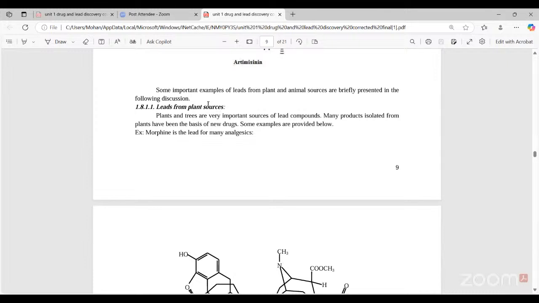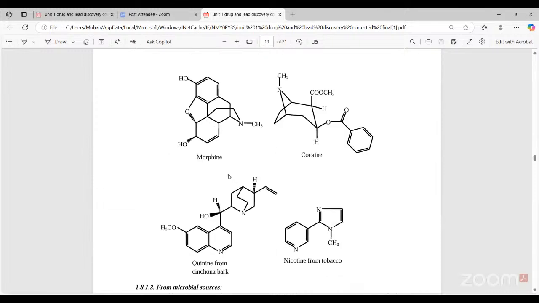Some important examples of leads from plant and animal sources are briefly presented in this discussion. Leads from plant sources: morphine, cocaine, nicotine from tobacco, and quinine from the cinchona bark. All these are natural products extracted from natural sources.